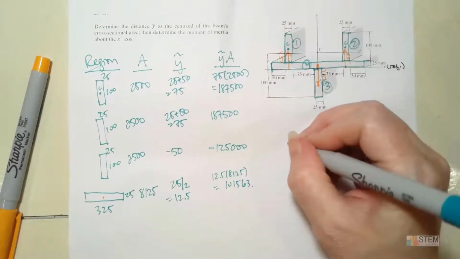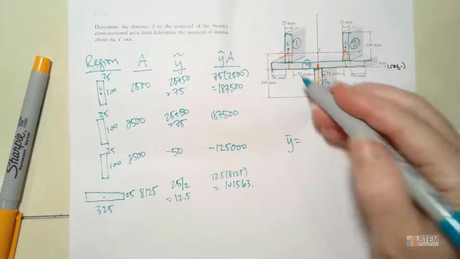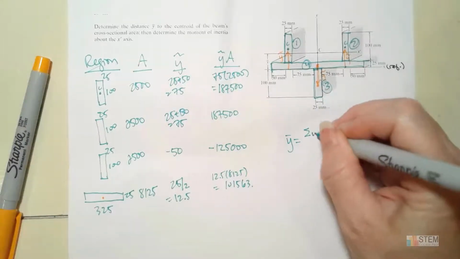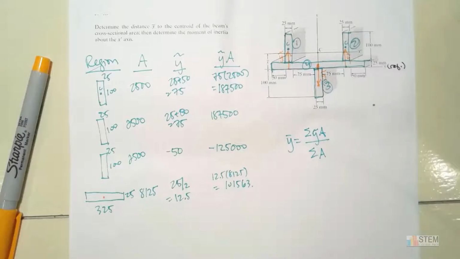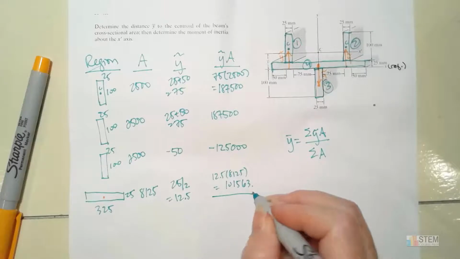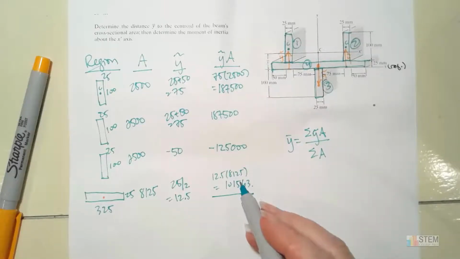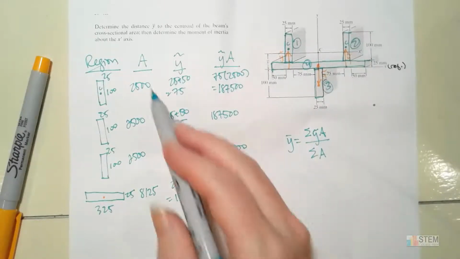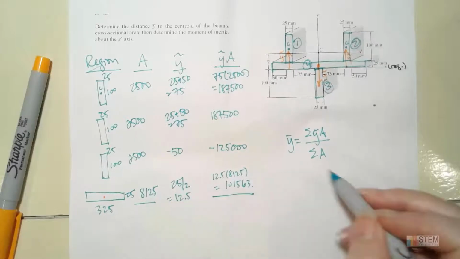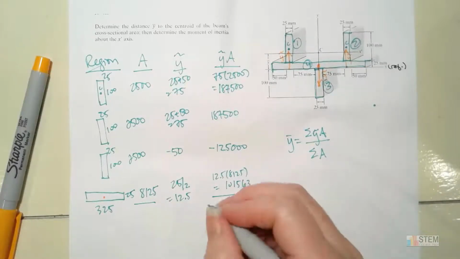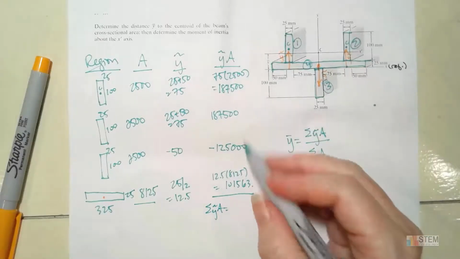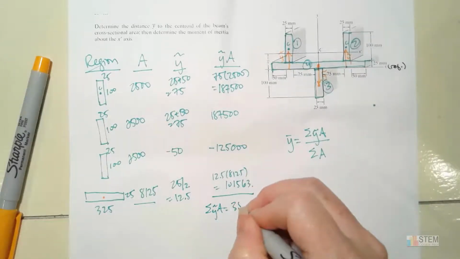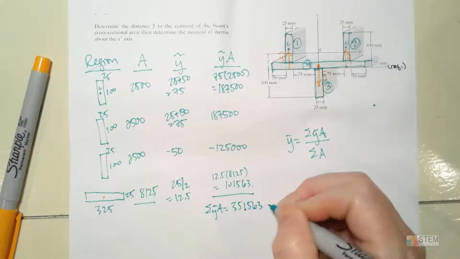Now remember, our equation for y bar is going to be the sum of y tilde a over the sum of a. And we can get these values here from the table. So let's sum up this last column. That'll give us the numerator. And then if we sum up the area column, we get the denominator. All right, so the sum here is going to be 351,563.